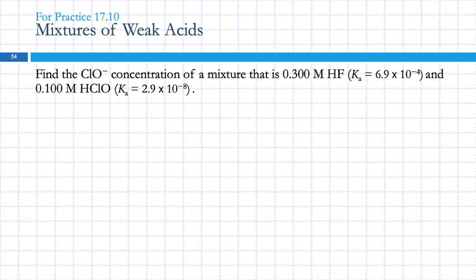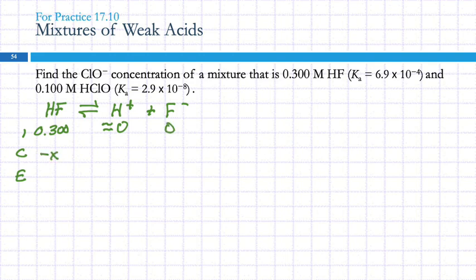I think this is what I'm supposed to do. So, got the HF. That's going to be the important one. That one's 0.3. This is 0, and that's 0.